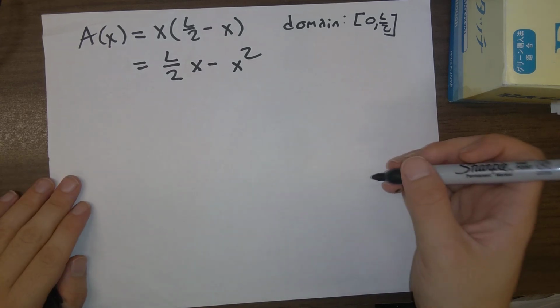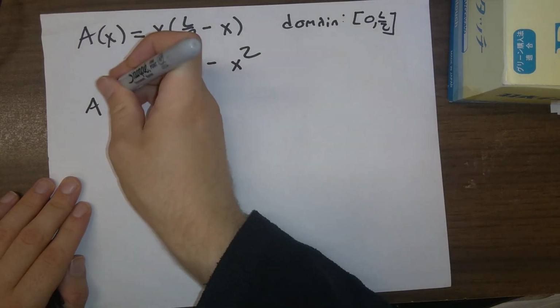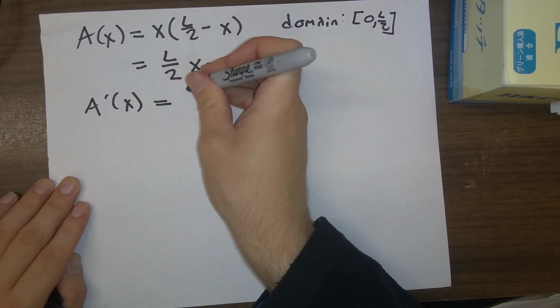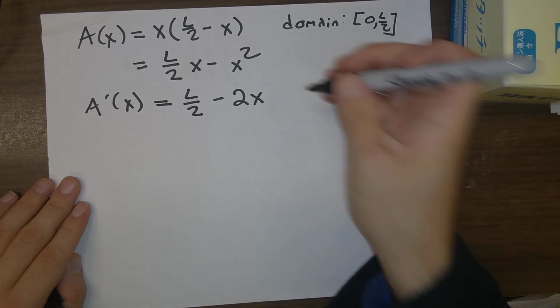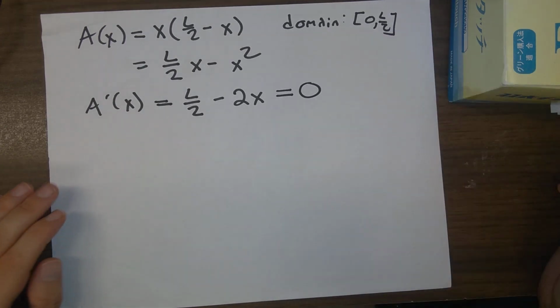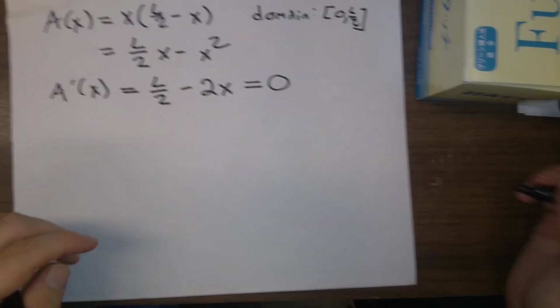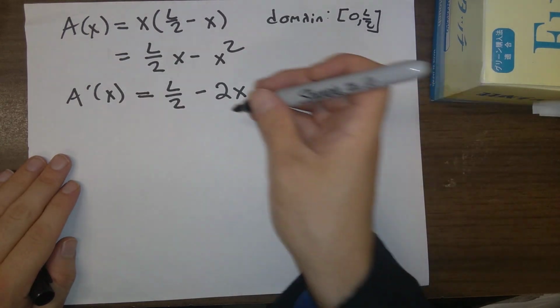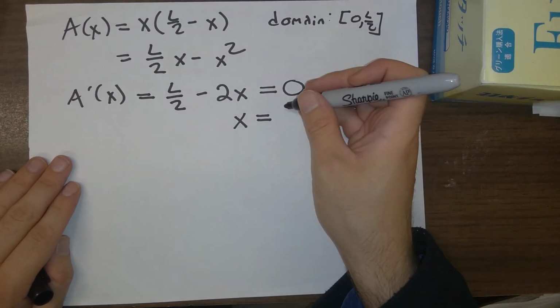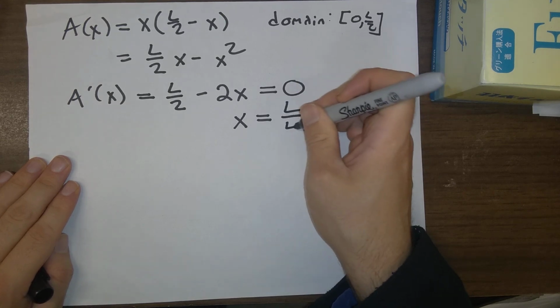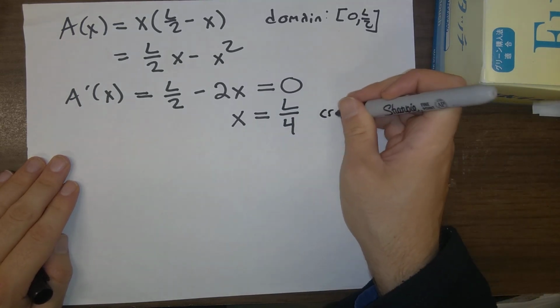L would be 100 in that case. A prime of x is L over 2 minus 2x. We want to find critical points. This will never be undefined, so we set it equal to 0. And what do we end up with? x is equal to L over 4. This is the only critical point.